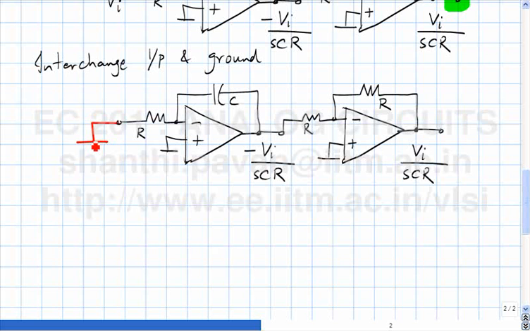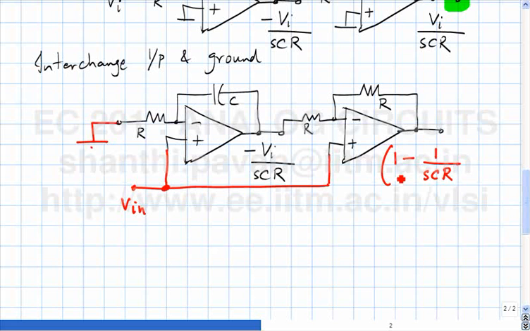Whatever was ground must now become the input. So there were two grounds here. By our theory, what must the output be? 1 minus 1 by SCR times Vi. Does it make sense?